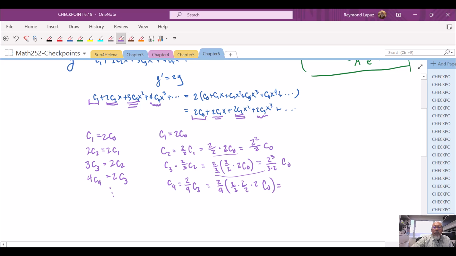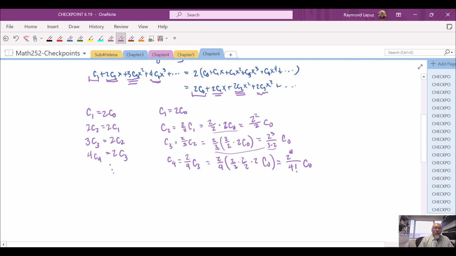And we can finally get that verification when we have 2 times 2 times 2 times 2, so that's 2 to the fourth, and then we have 4 times 3 times 2, so that looks a lot like 4 factorial now, just like this up here would be 3 factorial. So we have 2 to the fourth divided by 4 factorial times C sub 0. So they all have a C sub 0, which is another goal in our problem solving here.